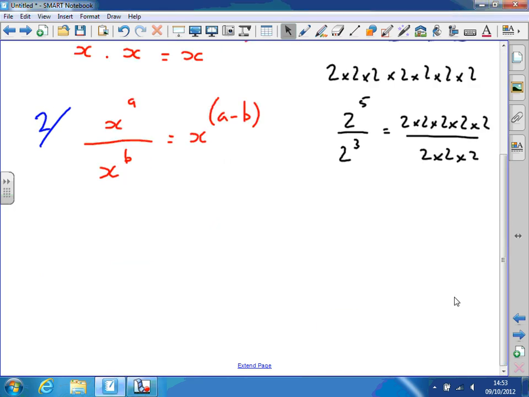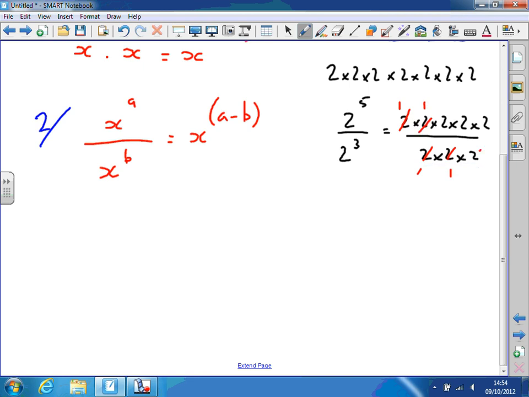So again, by example, 2 to the 5 over 2 to the 3. This one, 2 to the 5 would be 2 multiplied by itself 5 times, and 2 to the 3 is 2 multiplied by itself 3 times. I think you can see now we cancel. 2's into 2 goes once, 2's into 2 goes once, and so on.